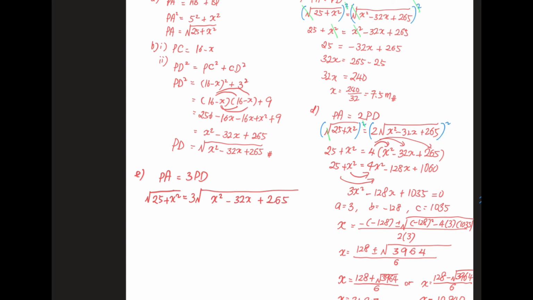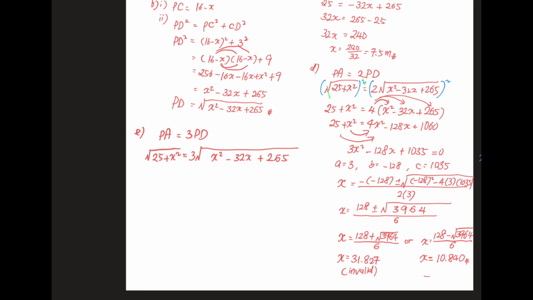Now what we can do is square both sides again. When you square both sides, we can cancel the square root and the square. On the left, we get 25 plus x squared. On the right, the square will be taken by the 3 as well as the square root. So 3 squared will be 9, and then the square root and the square cancel off. Then this remains.